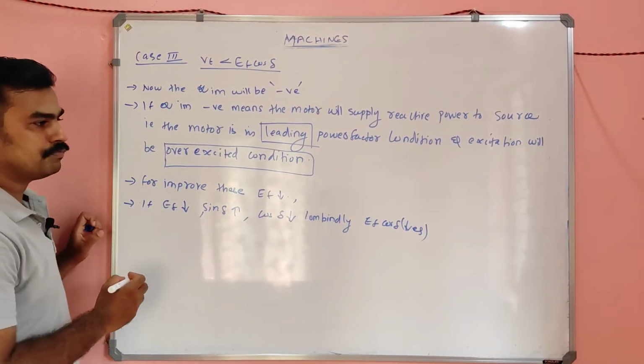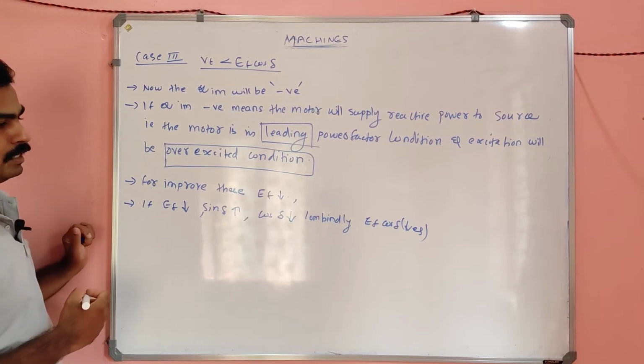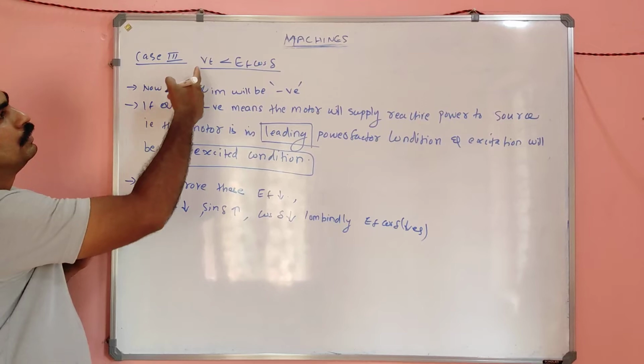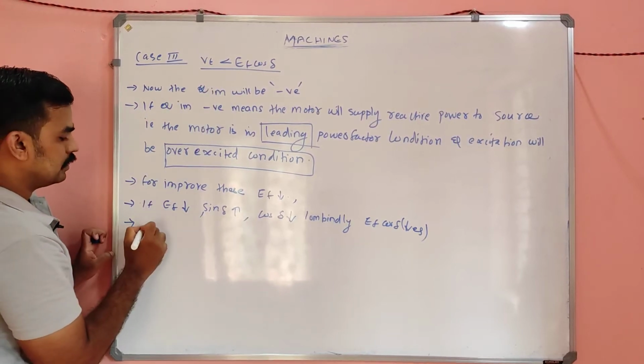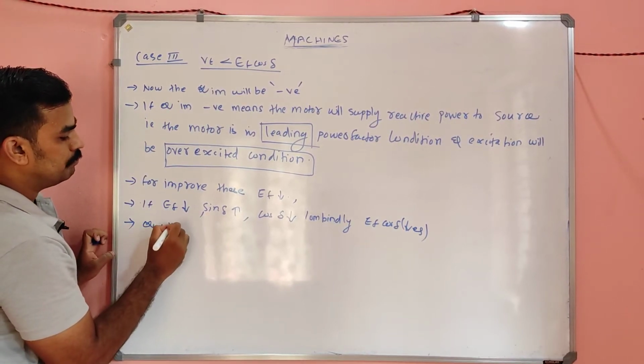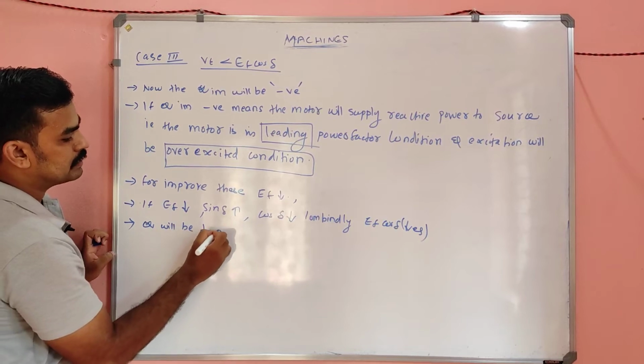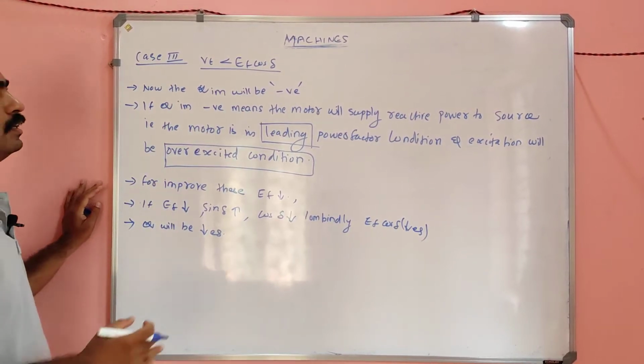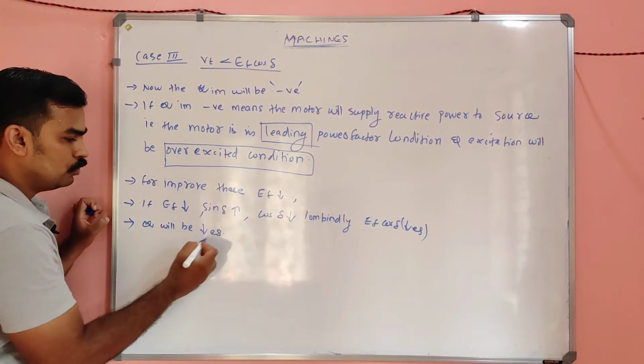So what happens if Ef cos delta decreases? What happens, my dear? If Ef cos delta decreases, Q will decrease, right? Initially Q was very high in the reverse direction, in the negative direction. Now Q starts decreasing. Q will be less.